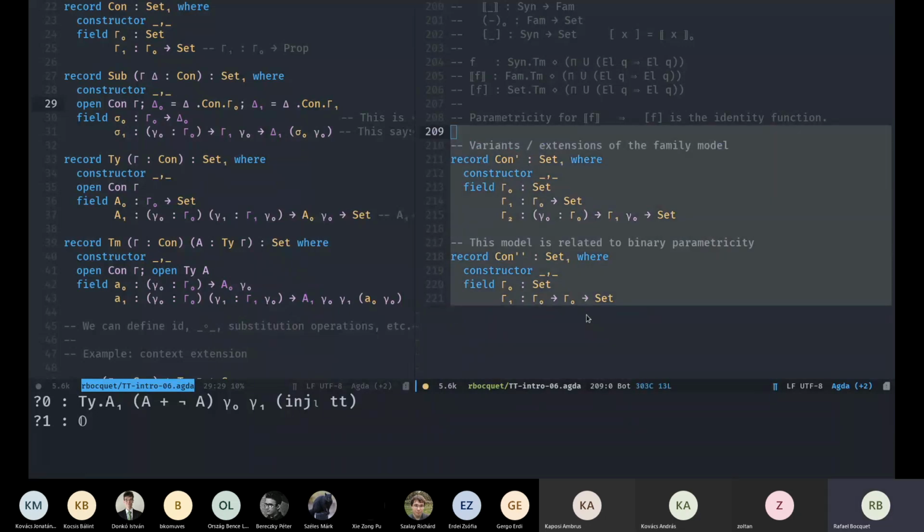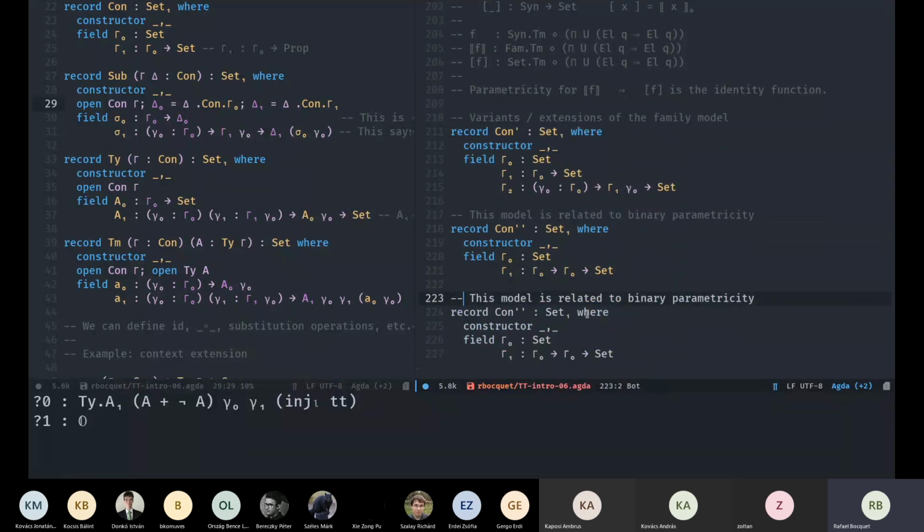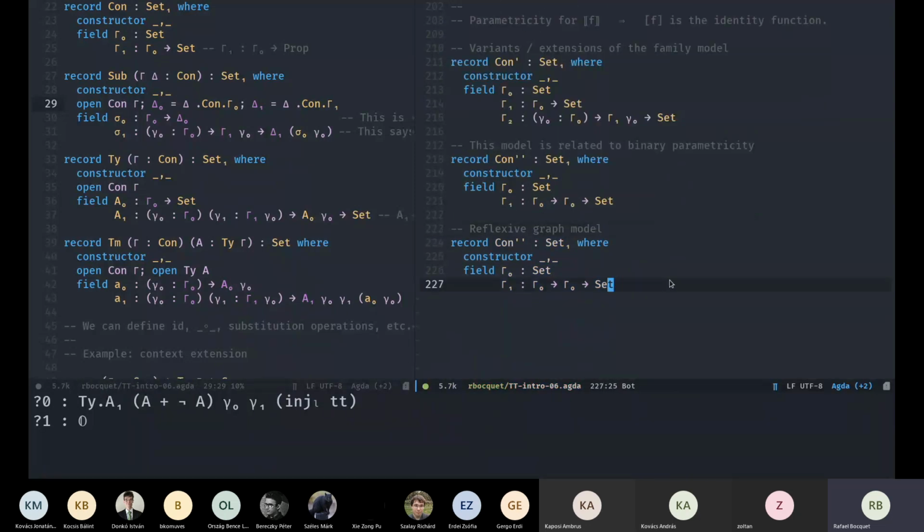Okay, yeah, I think we can also look at the reflexive graph model where we don't ask for this relation to be an equivalence relation, but we want it to be reflexive.